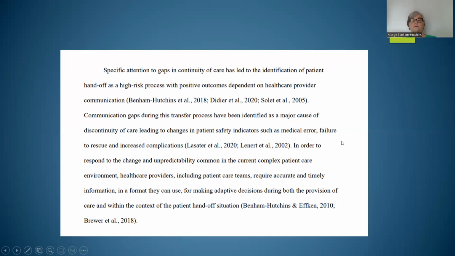And so the same thing goes with the next sentence. You know, I talk about communication gaps, and these things are patient safety indicators that can lead to increased complications. So I have 2 different papers here that I've brought in. And then I bring in the next idea, and here's the overall idea.